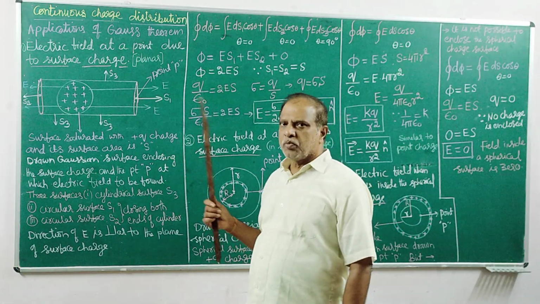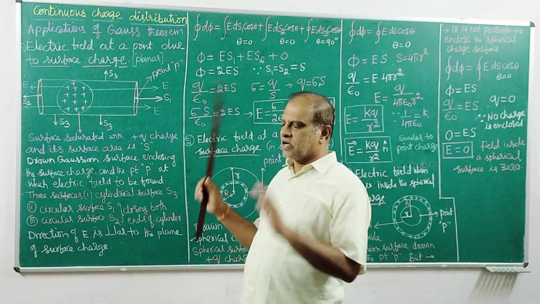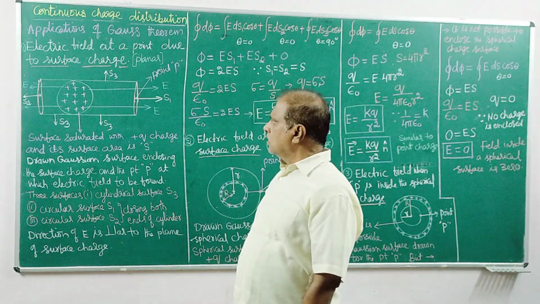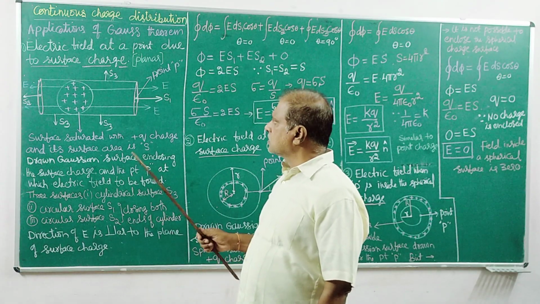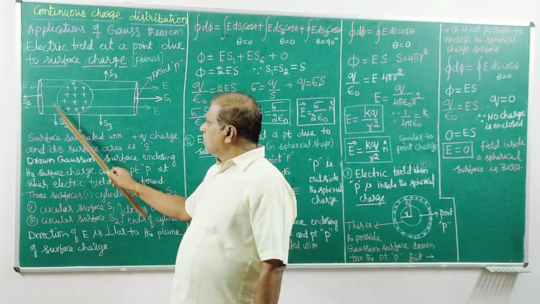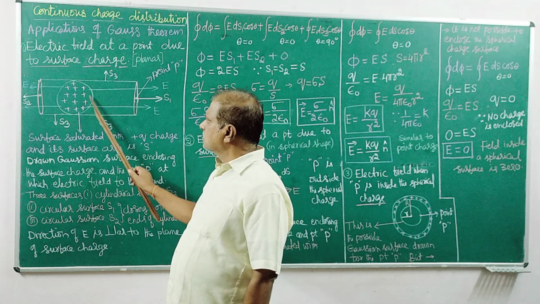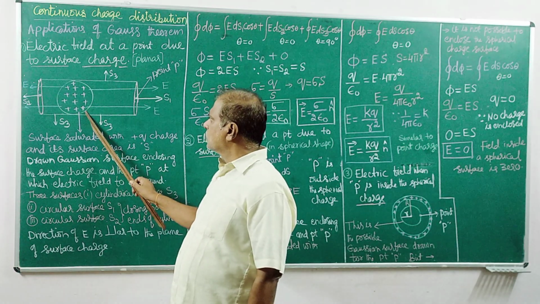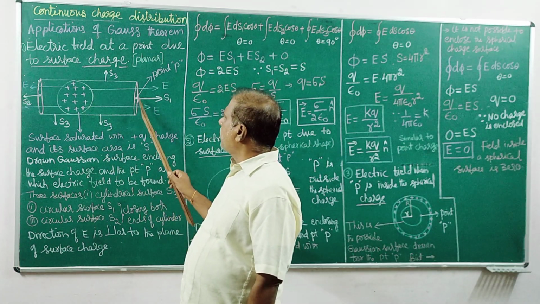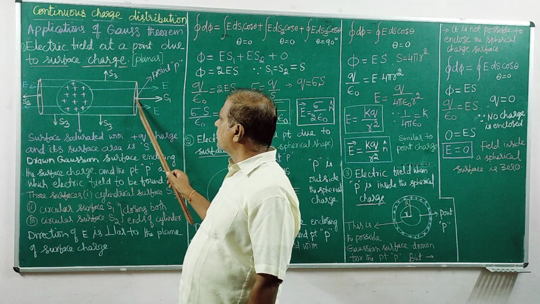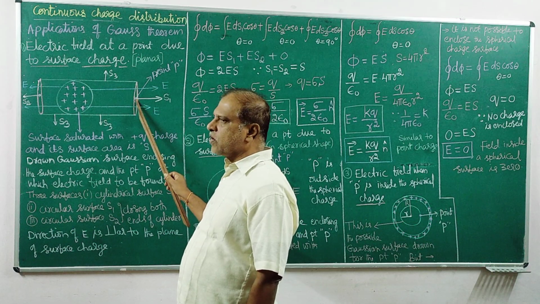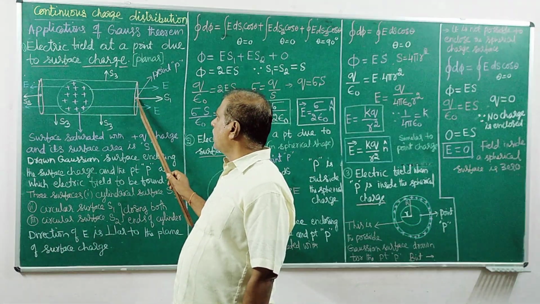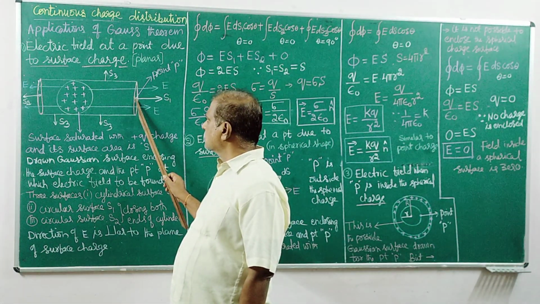The possible geometry of the Gaussian surface, that is an enclosed surface, which encloses the charged surface, and also the point on the Gaussian surface. This Gaussian surface should have that point. The point should be on the Gaussian surface.